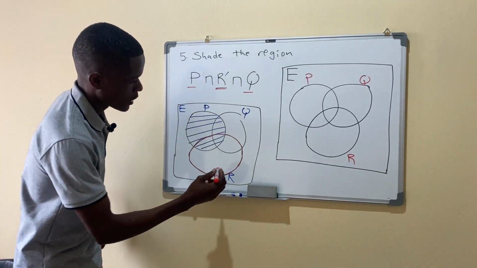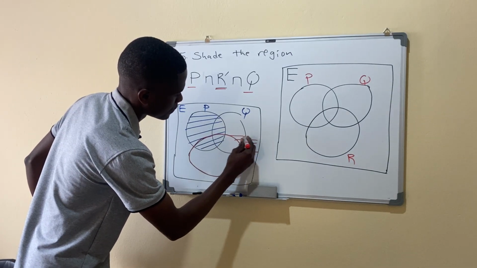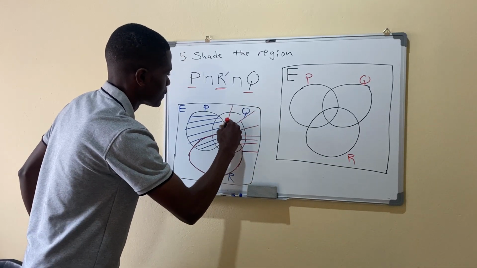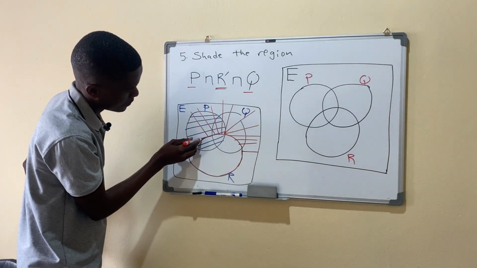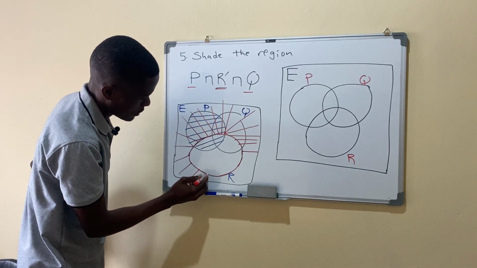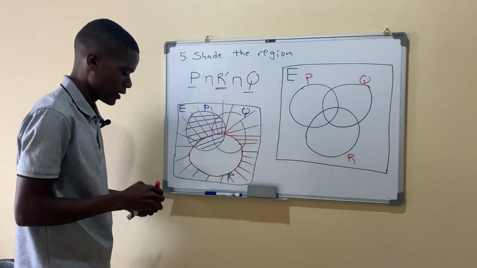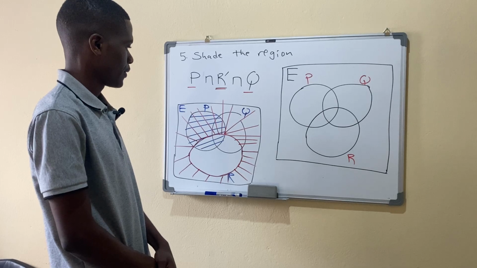So if we are to shade outside R, this is what we're going to have. So we've shaded outside R. So everything that we've shaded in red is basically what is outside R.